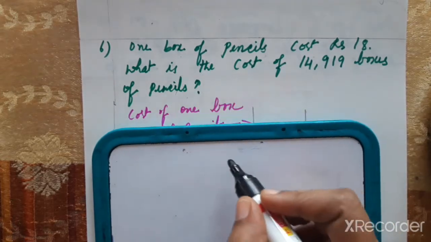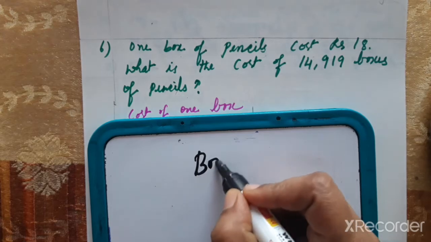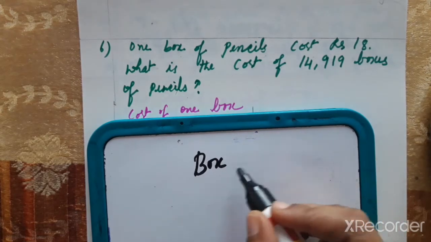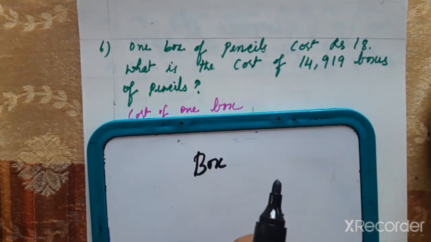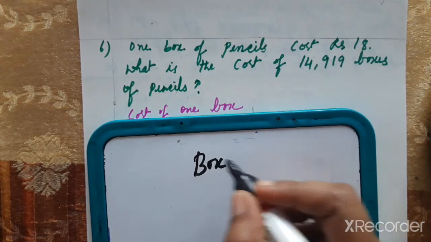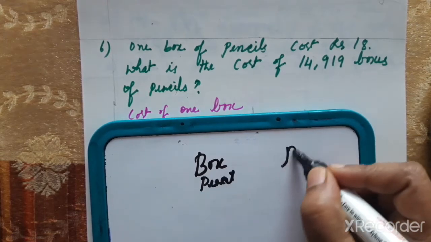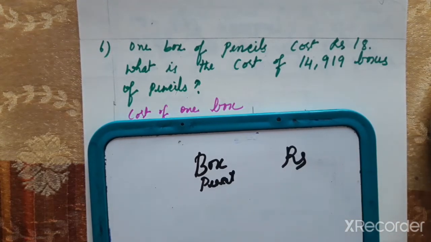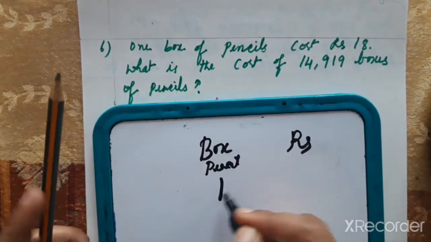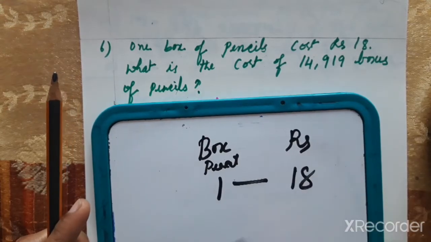Here, one box of pencils. With the help of the cross multiplication method, we can find whether it is a multiplication or division sum. Cost means always in rupees. So one box of pencils costs 18.